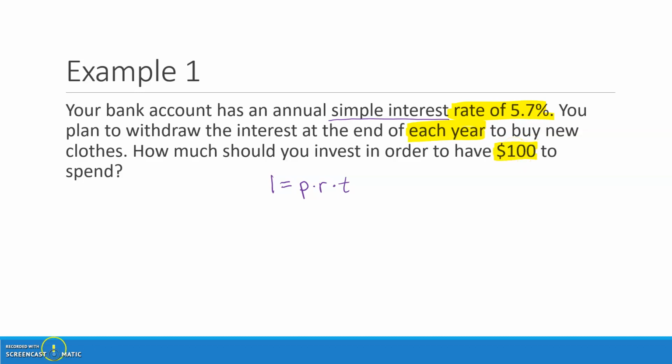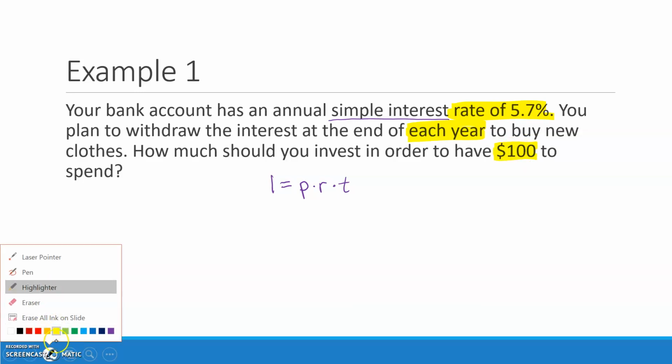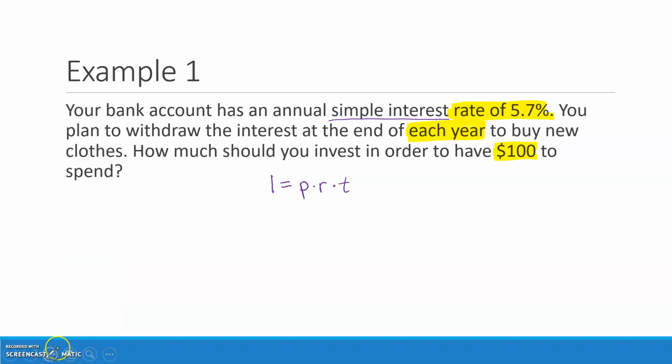So this is our rate, this is our time, and this is our interest. And the question is, how much should you invest? This is our P. This is the unknown.